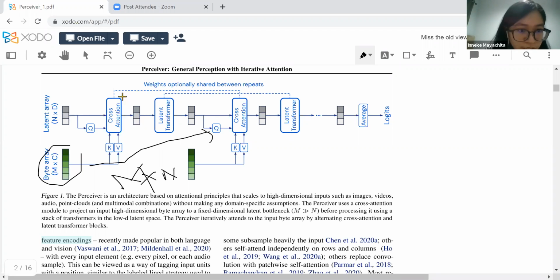It will only be the scale of n squared for the self-attention inside the latent transformer. So again, this n needs to be small enough that it doesn't blow up in the self-attention layer inside the latent transformer anyway.